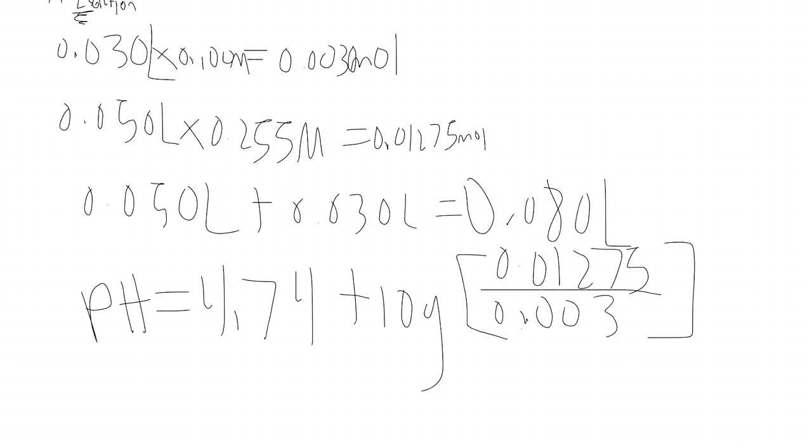And we're going to get a pH. I'm not really focused on sig figs right now, by the way, even though I mentioned it earlier. But the pH is going to be 5.37.